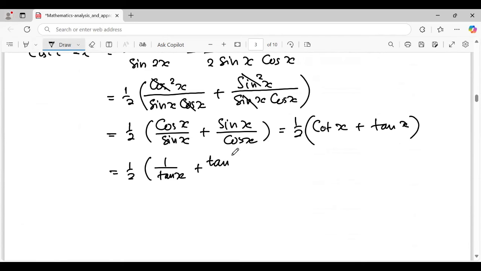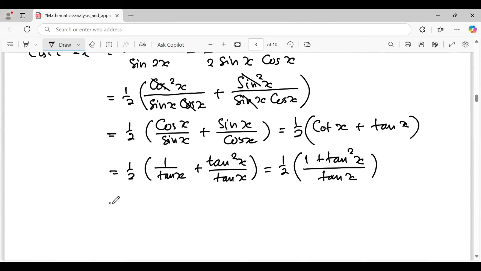So it becomes half times 1 plus tangent squared x over tangent x, which is 1 plus tangent squared x over 2 tangent x. So this is cosecant 2x.